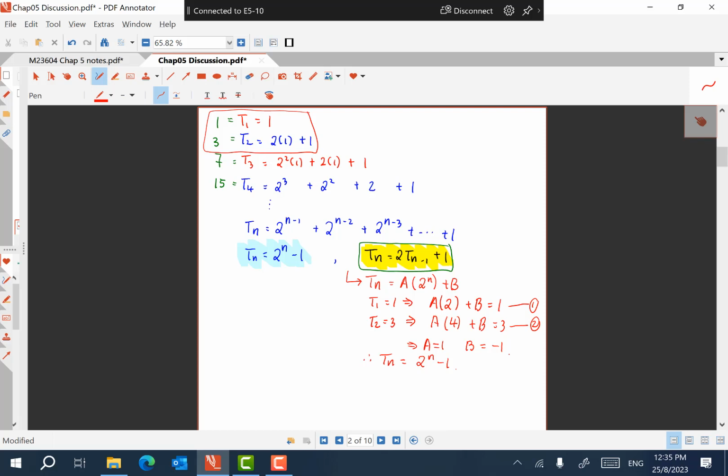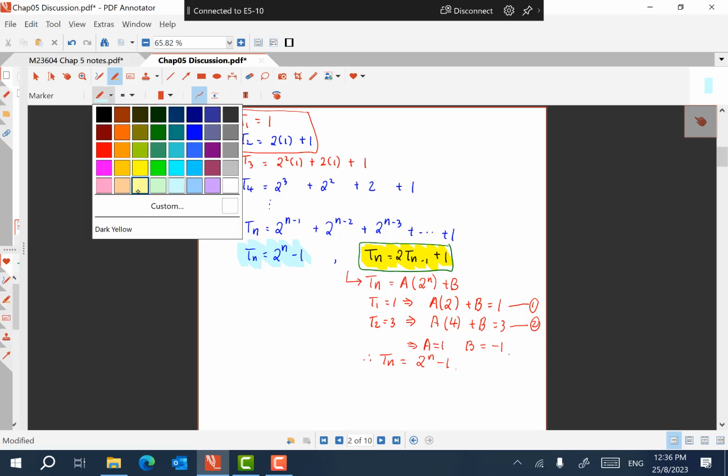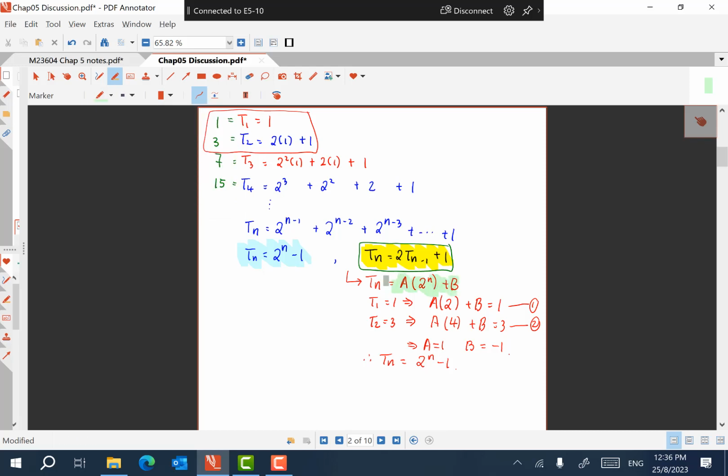If you recognize that every recurrence relation of that nature in the yellow box has a solution that will look like what is in the red color here. Let me highlight it in green. This can be justified when you do the iteration a few times.